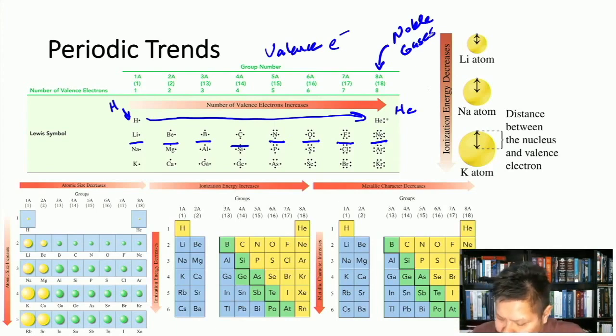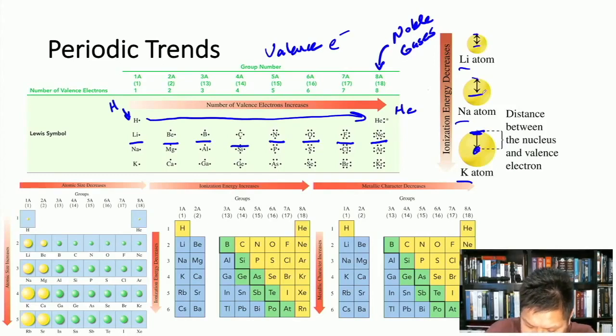As we go down the periodic table, for example with lithium, sodium, and potassium in group 1, the distance between the nucleus and the valence electron shell, or the outer electron shell, increases. You can even call it a diameter.